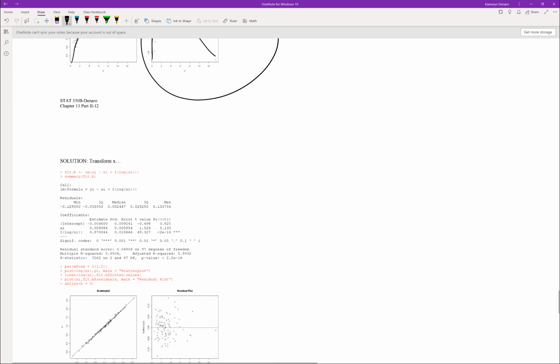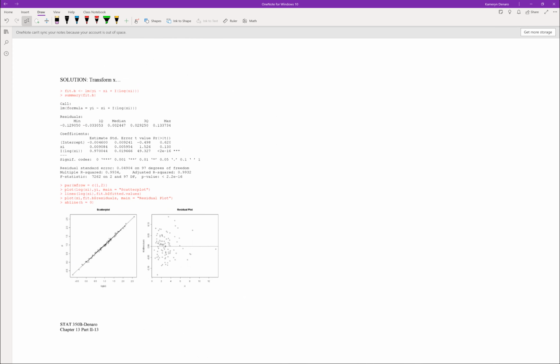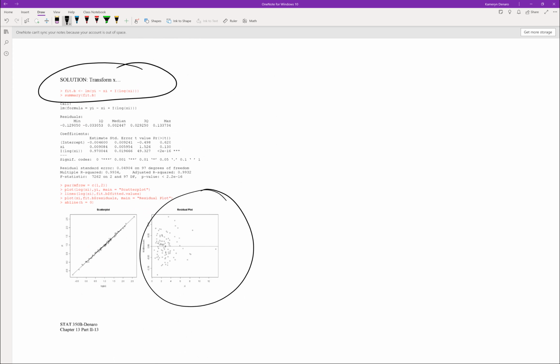And so when we transform the data, we can do this fit.b where we have yi follows xi plus the indicator of log xi. When we do that, all of a sudden, our residual plot looks much, much better.